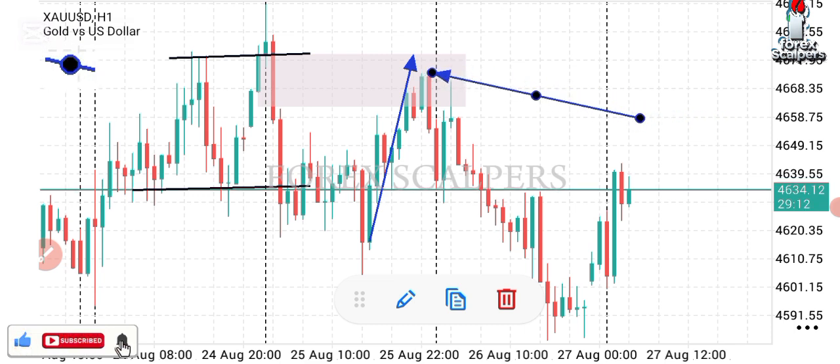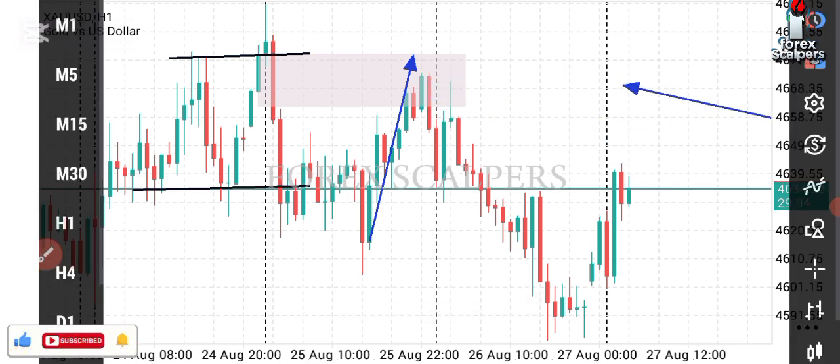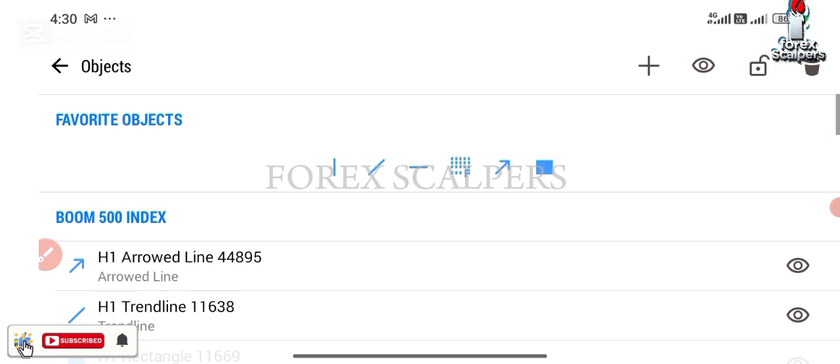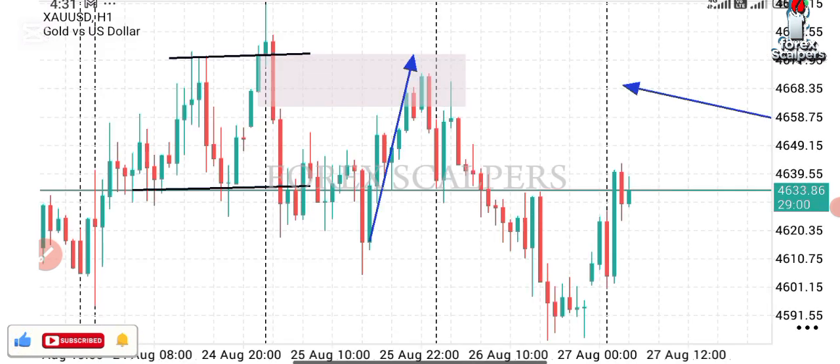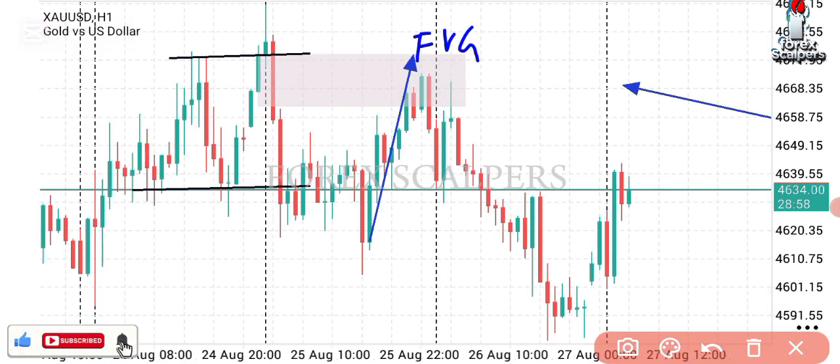I used this particular bearish engulfing candle. So this bearish engulfing candle became my entry confirmation for a sell. So that is what I capitalized on. So I used this bearish engulfing candle, and I was into that sell.